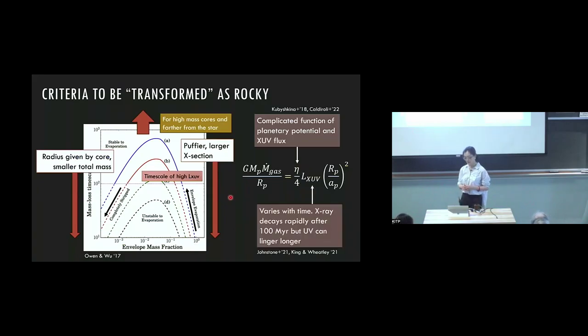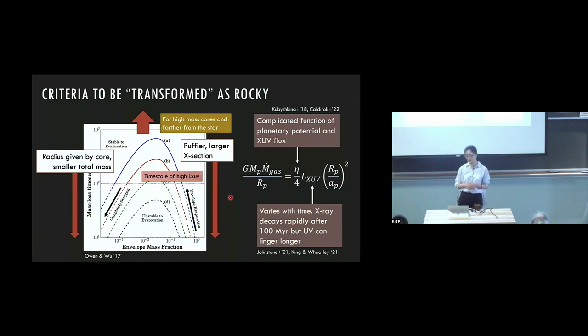Another thing to keep in mind is the XUV luminosity. It varies with time, and it is not quite certain how exactly it varies, depending on what kind of stars you're looking at. Using 100 million years as the typical timescale of the high activity period is probably pretty good for the X-ray, as it decays pretty rapidly after 100 million years.